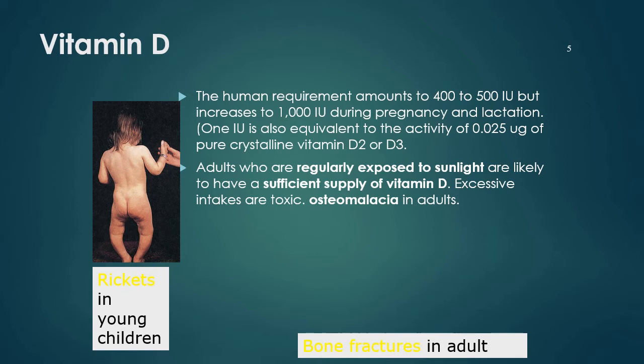Adults who are regularly exposed to sunlight are likely to have a sufficient supply of vitamin D. Excessive intake of vitamin D is toxic and can cause osteomalacia in adults. If kids have less calcium, it might cause rickets in young children.